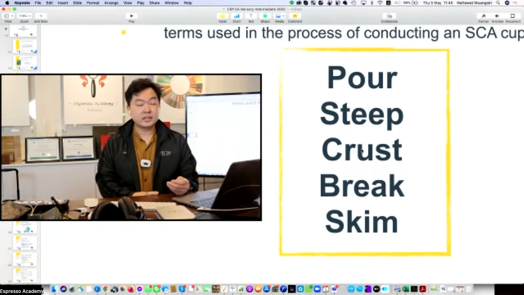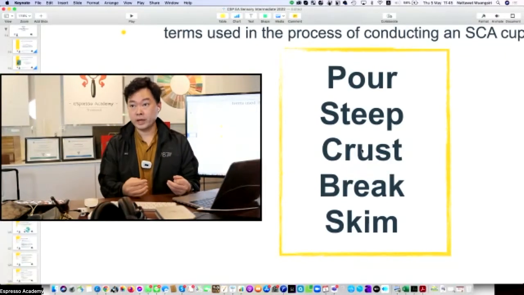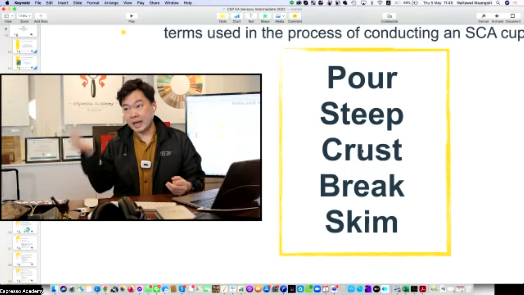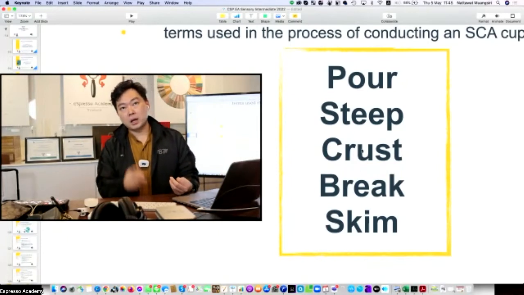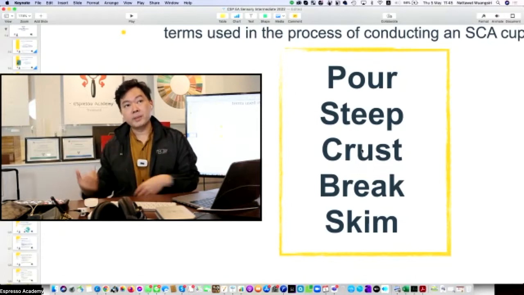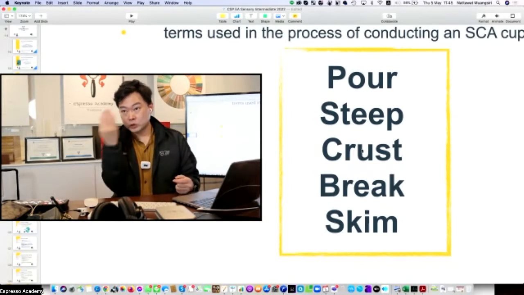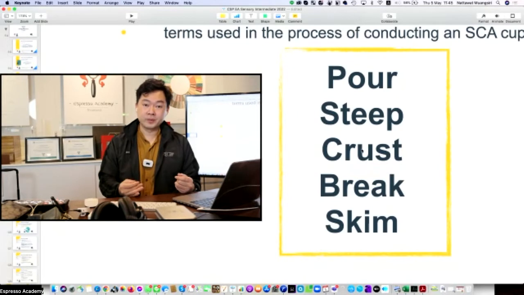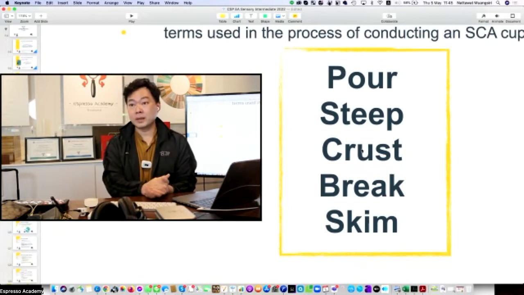To break it, there is a step: 1 push, 3 spin, according to the CQI protocol. That is from my lecture, the American training. But in European training, they say 3 push when you're breaking. And then skim is where you clean the ground coffee out. We will see that hands-on again next week.